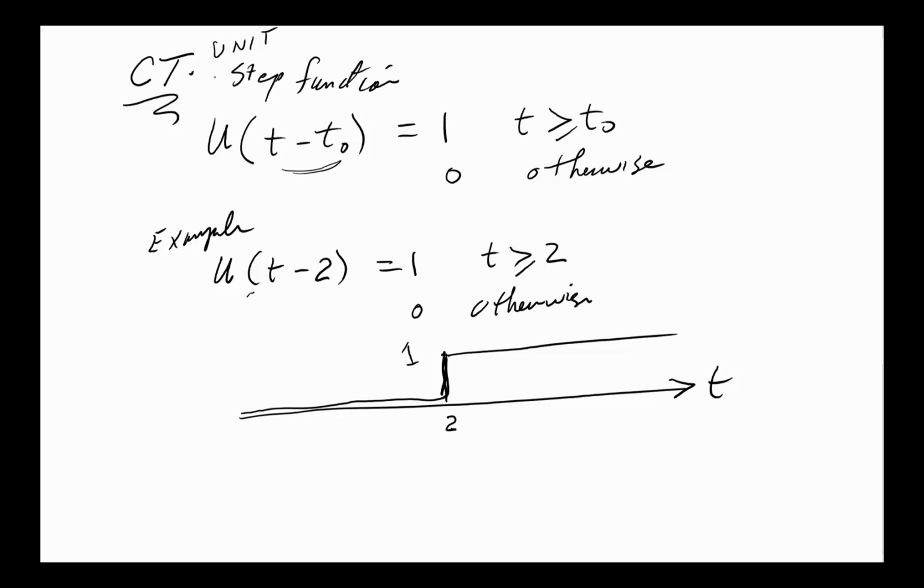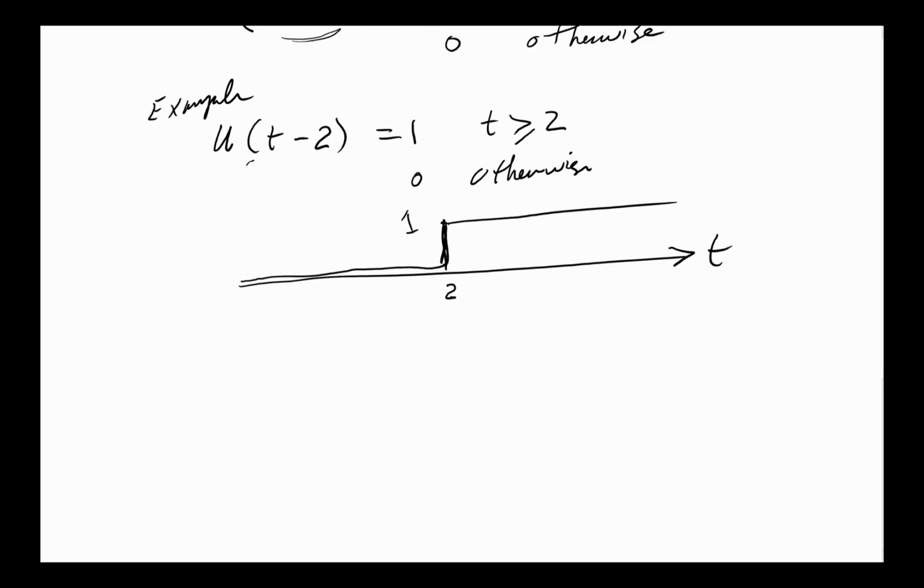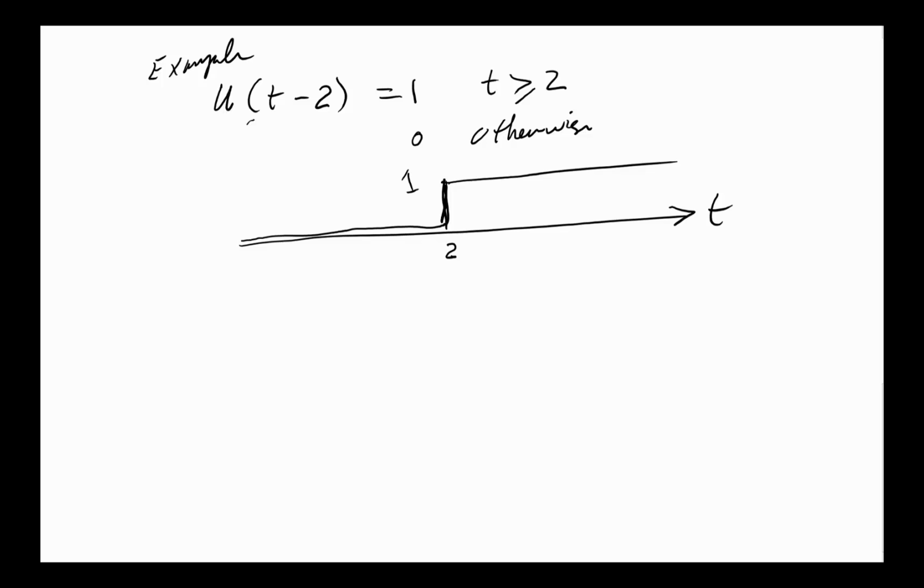Great. So the next thing would be, can we relate a unit step function in continuous time to an impulse? Yes, we could do that. For example, say you want to represent the step function u of t minus 5 in terms of impulses.